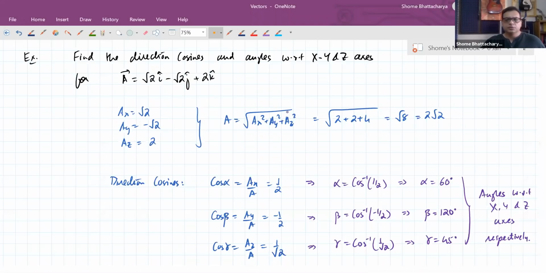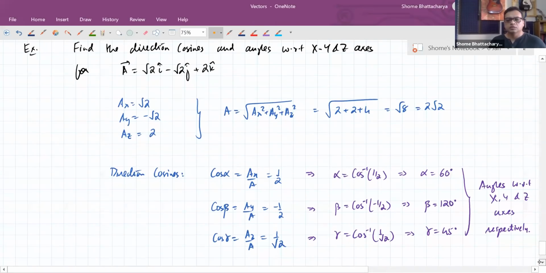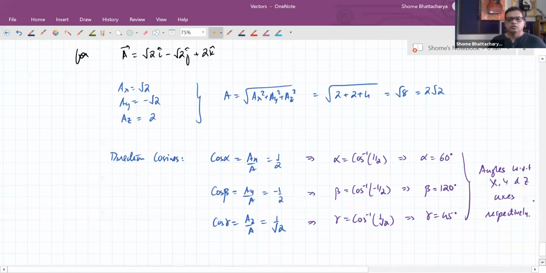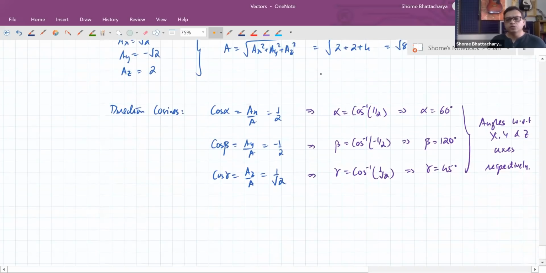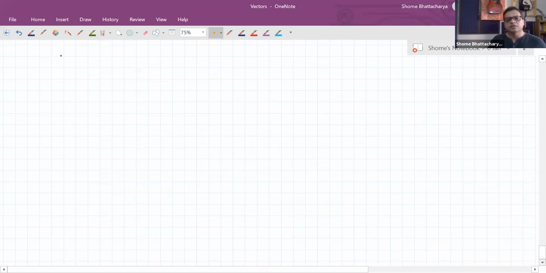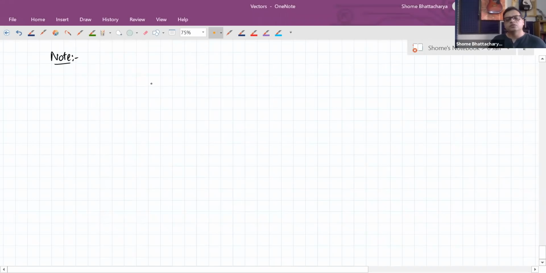Once we are clear about representation of vectors, we can next move on to algebraic operations involving vectors. Before that, we should keep mindful of a couple of important facts. First is something called a null vector, which we can denote with a symbol like this.